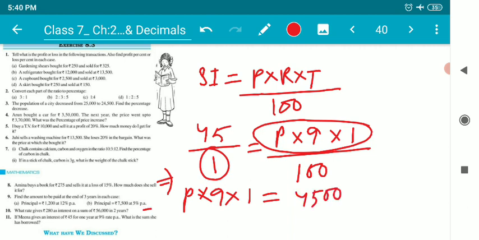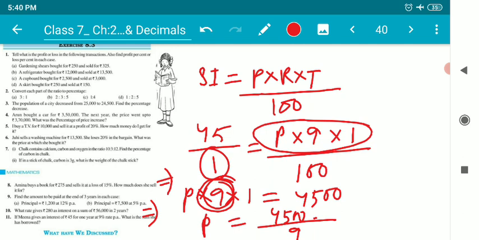Now children, the rules of linear equation, the transposition rule. P will be kept, 9 will be transposed from the left hand side to the right hand side, and that is going to be 4500 divided by 9. Because 9 was multiplied here, the moment I am transposing it to the right hand side, it will be divided.